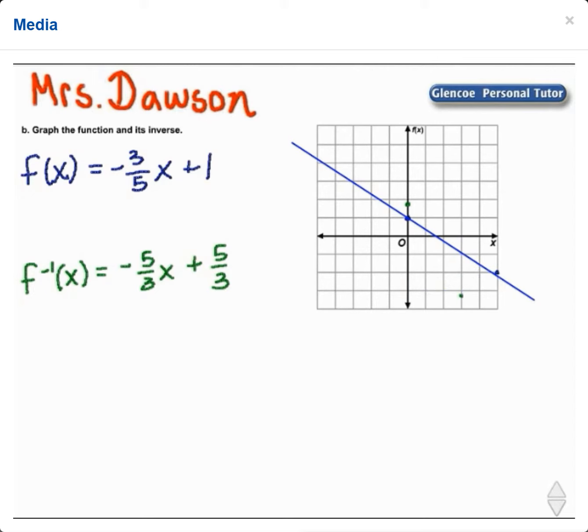And we'll connect those with a line. This was the inverse, and this one was the original function.